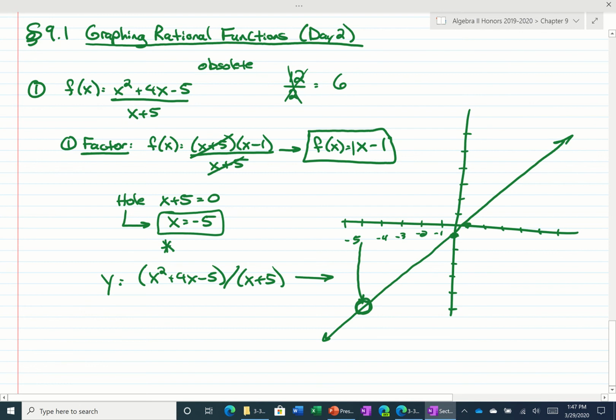Problem is, if you don't put that hole there, you can't use negative 5 for x because that would make the denominator 0. So the way that we have to show that in our revised graph is we just put a circle there, which means a hole, which means you could use any x and y value along this line, but you're not allowed to have any point when x is equal to negative 5. That's what the hole means.